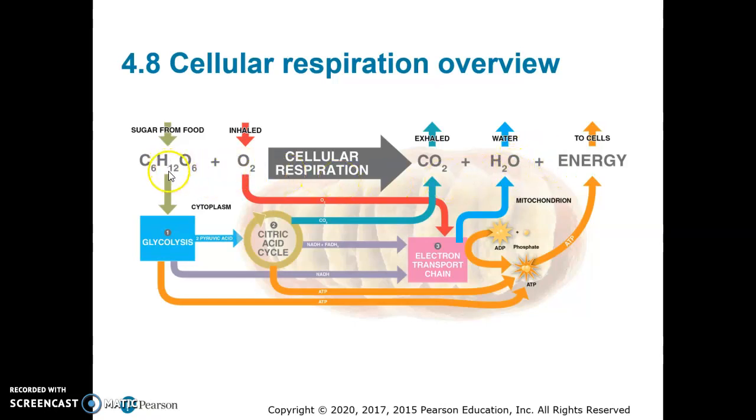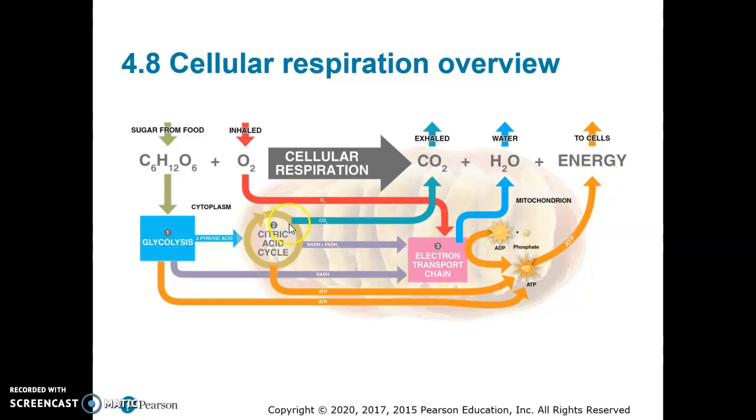And again, it's the movement of those electrons that is actually the energy. That's what is taking place inside the citric acid cycle. Those hydrogens are being pulled off, and they're picked up by this molecule called NAD. NAD picks up the hydrogens and moves them over to the electron transport chain. And that movement through the electron transport chain is how the ATP is made.